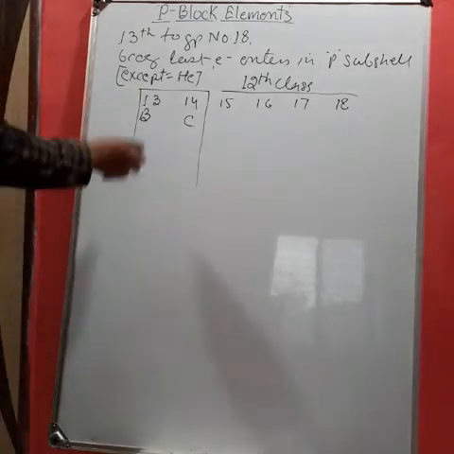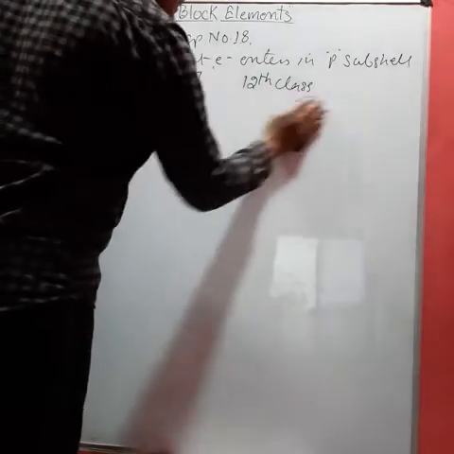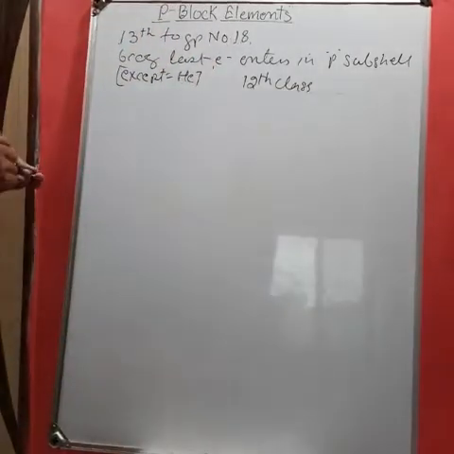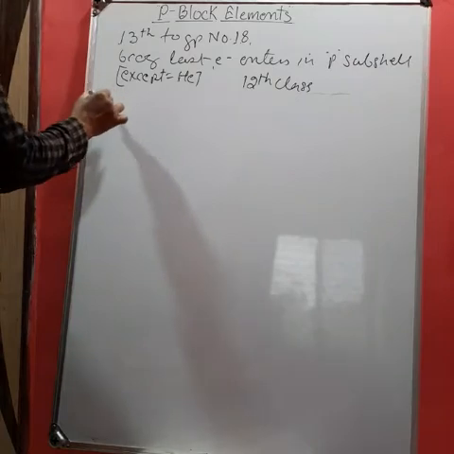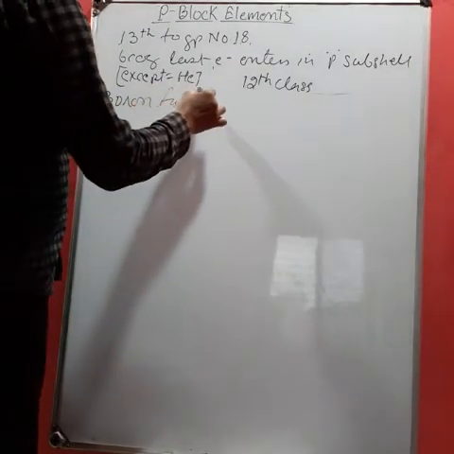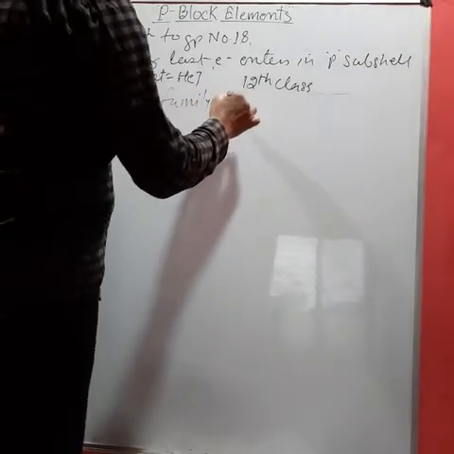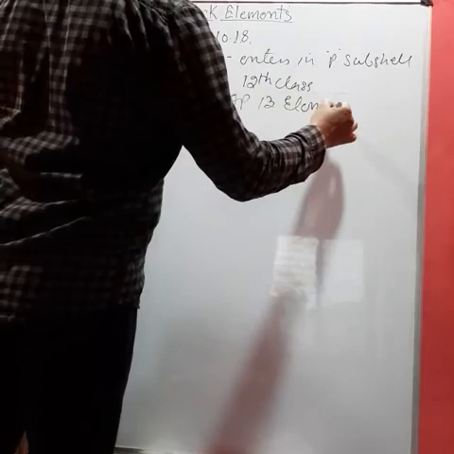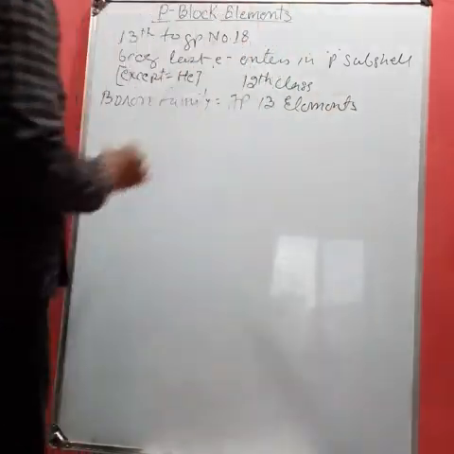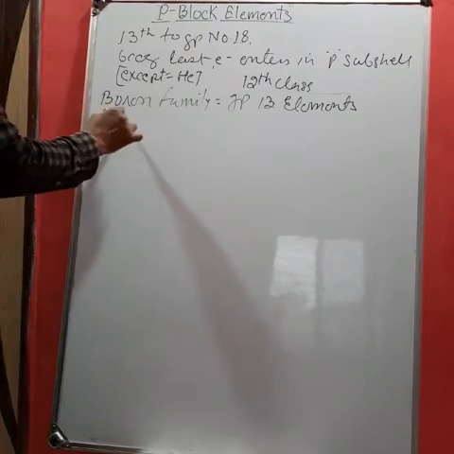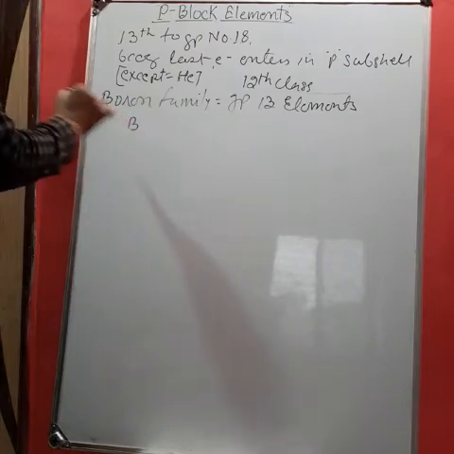So now, conventionally, I am starting the very first study of P block elements as the boron family, or you can say group 13 elements. Group 13 elements involve: the first element is boron.